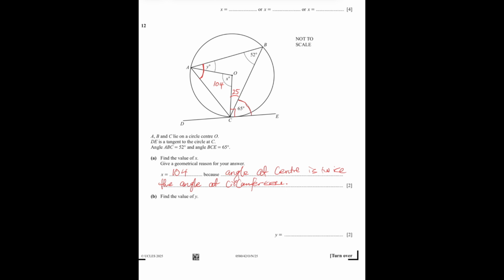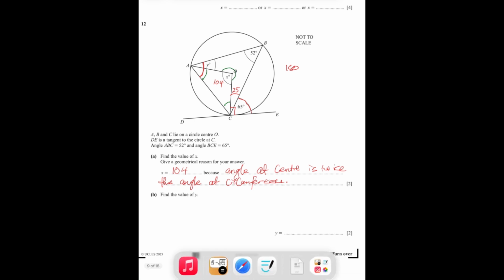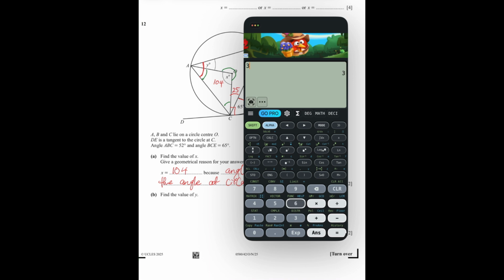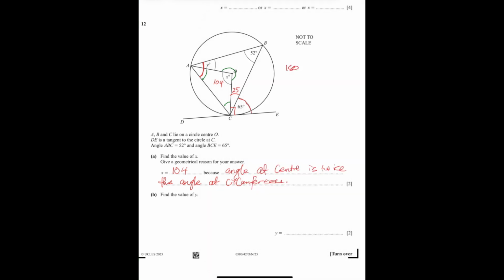So we can also say 180. So we need to find here and here. Okay, there are different ways of doing this. I can find here. So 360 minus 104 will give me 256. So here is 256.